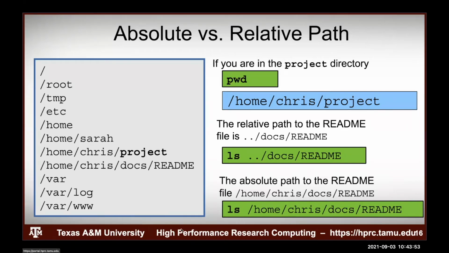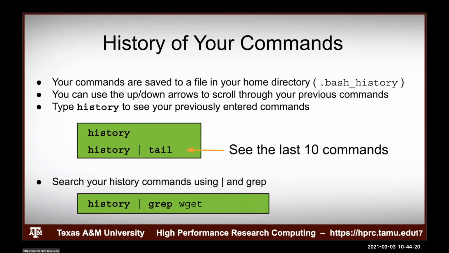Once you get more comfortable in the system, you can start using relative paths, but it's probably easier to just give the entire absolute path while you're just starting off. Again, the relative path is going to change depending on where you're currently standing in Linux, your work directory. And the absolute path is going to be the complete address of the file, folder, whatever you're working with.